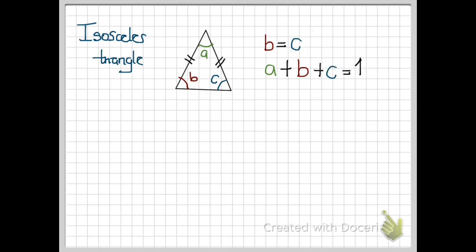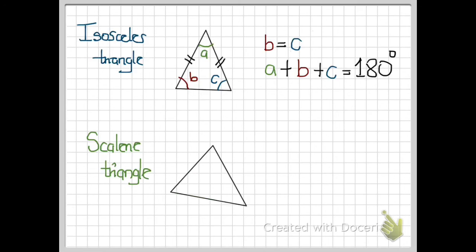And we also know that A plus B plus C, as mentioned before, would be equal to 180 degrees. In terms of a scalene triangle, no angles are the same and no sides as well. So the A, B, and C would all be different angles, but they will all still sum up to 180 degrees.